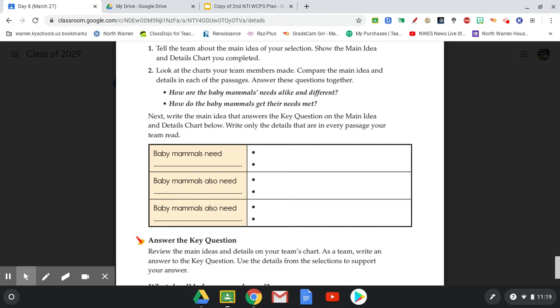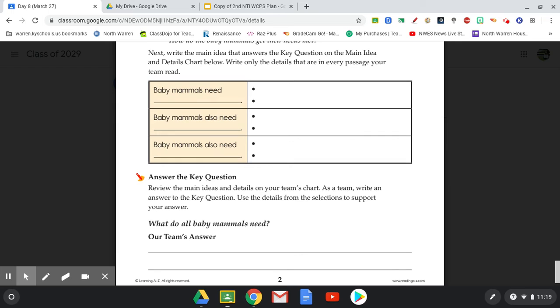So I'm going to say that baby kangaroos need fur to keep themselves warm. And so I would give 2 details about their fur if that's what I found in the story. If the story didn't talk about fur, I wouldn't need to write that down because that's not what I learned from the story. Okay.